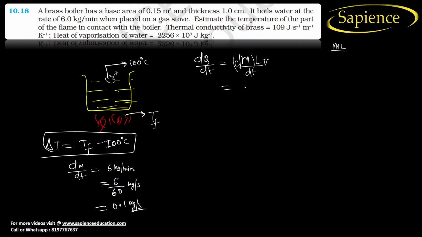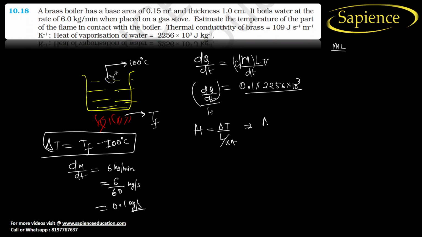So dm/dt, that is the mass of evaporation, is 0.1 kg per second into the latent heat of vaporization. This is equal to 2256 into 10 to the power 3, and this is equal to dQ/dt. dQ/dt is actually the heat transfer rate H, and we know that the heat transfer rate H is equal to change in temperature by L by KA.